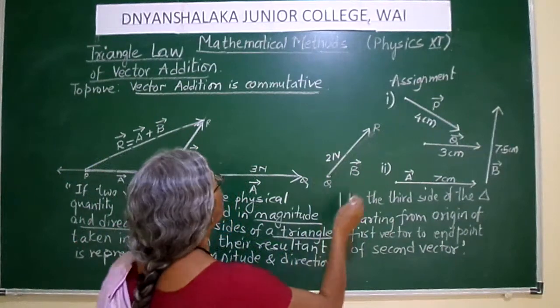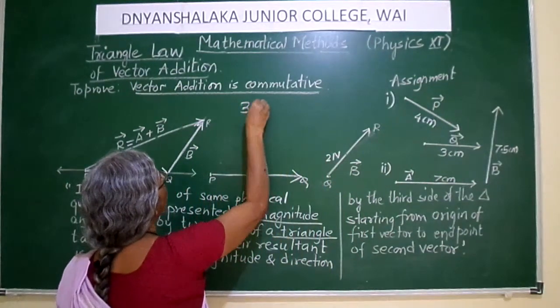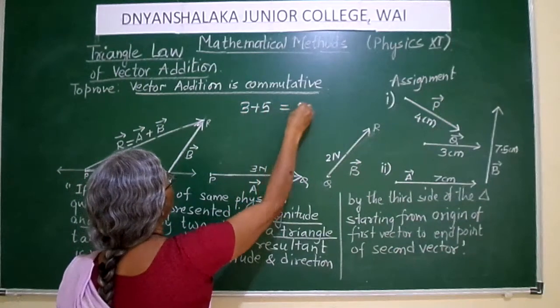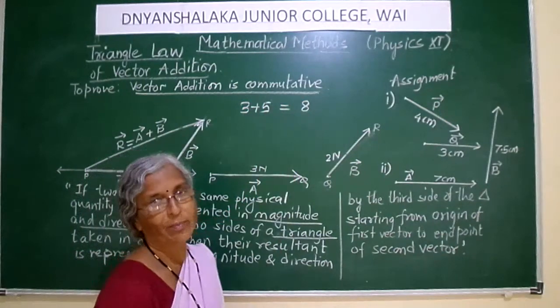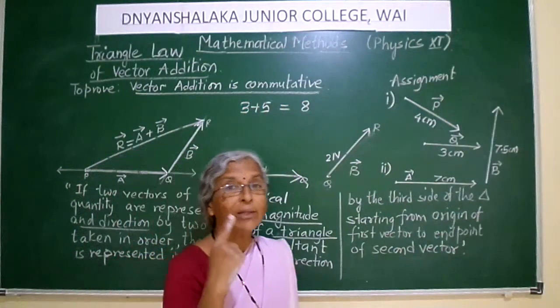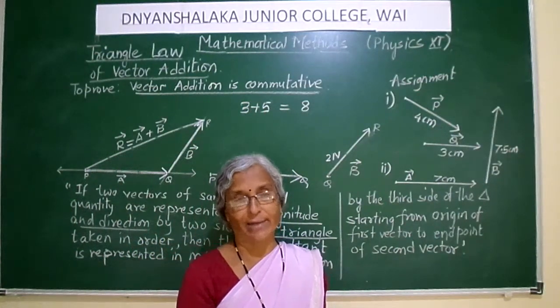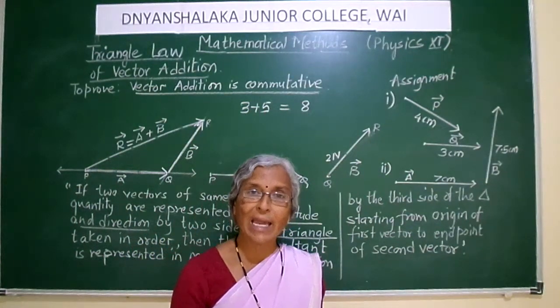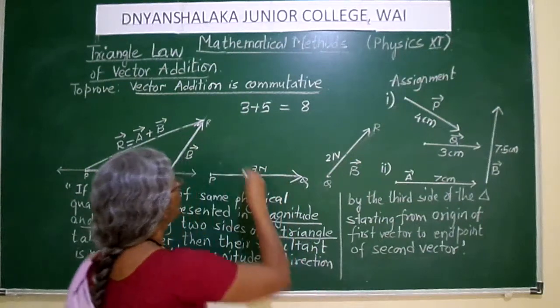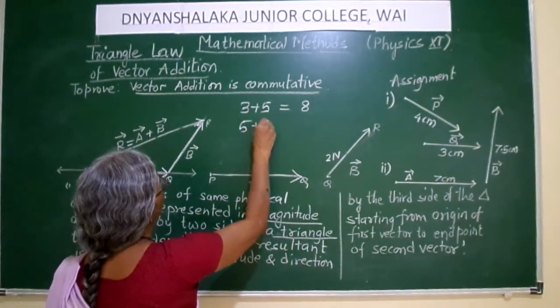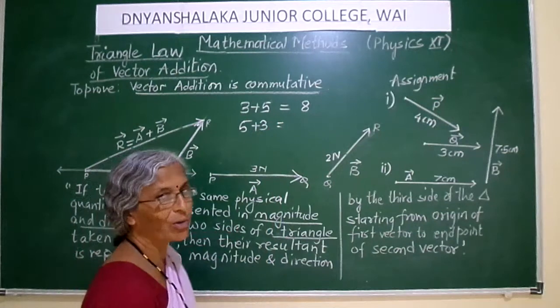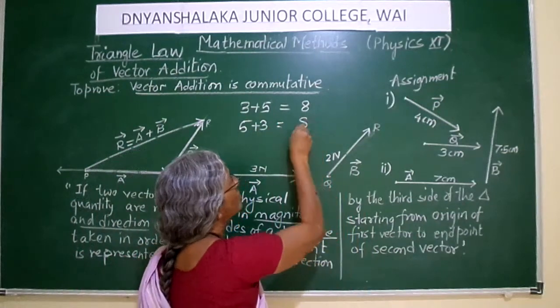Commutative means, say if I am adding 3 to 5, what is the addition? 8. Correct? I added 5 to 3, the addition came 8. Now what am I doing? I add 3 to 5. What is the addition, kiddos? Again 8.